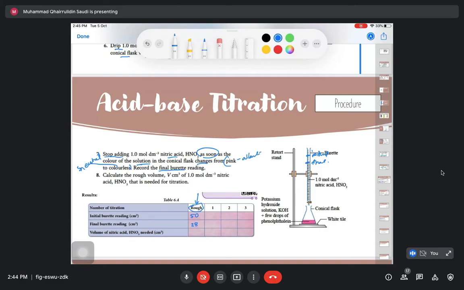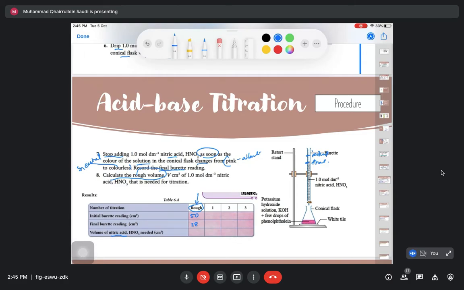cm³. And then you calculate the rough volume. Okay, calculate lah berapa rough volume. Berapa rough volume of nitric acid needed? Can you calculate? How much? 22. 22, good.